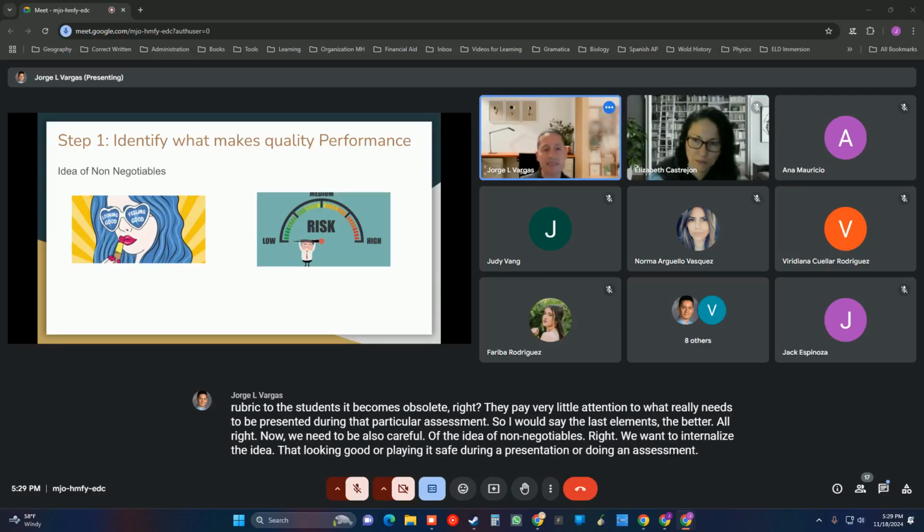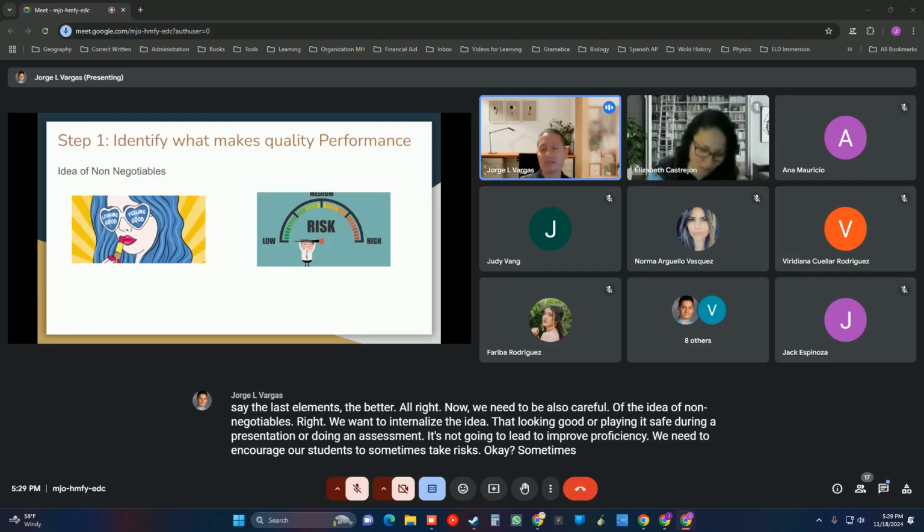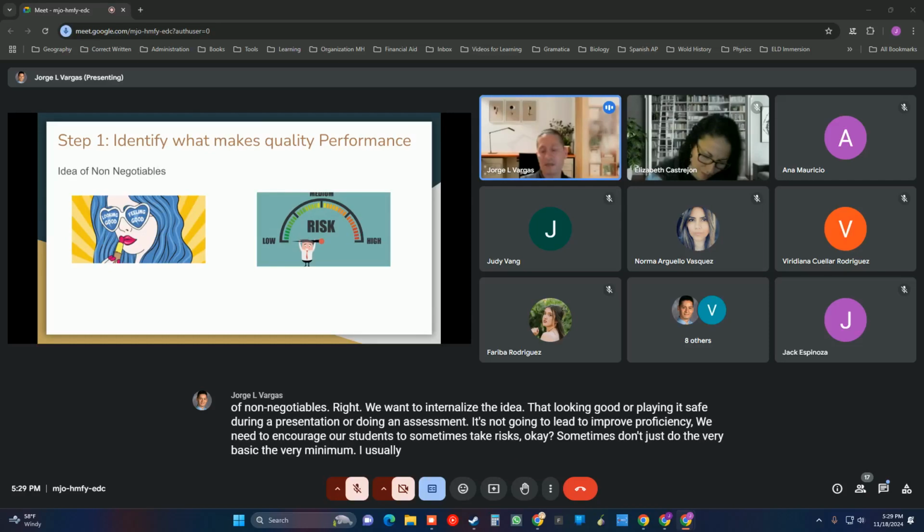I usually tell my students, when they are doing an interpersonal task, a recording, you have 20 seconds of your time when it's your turn to participate in this conversation. Don't just answer and ask what's on the outline.